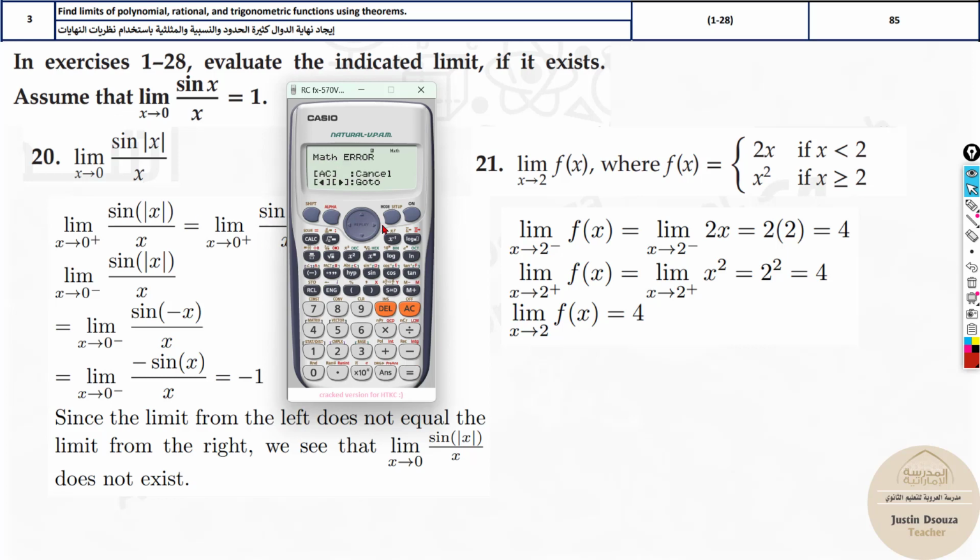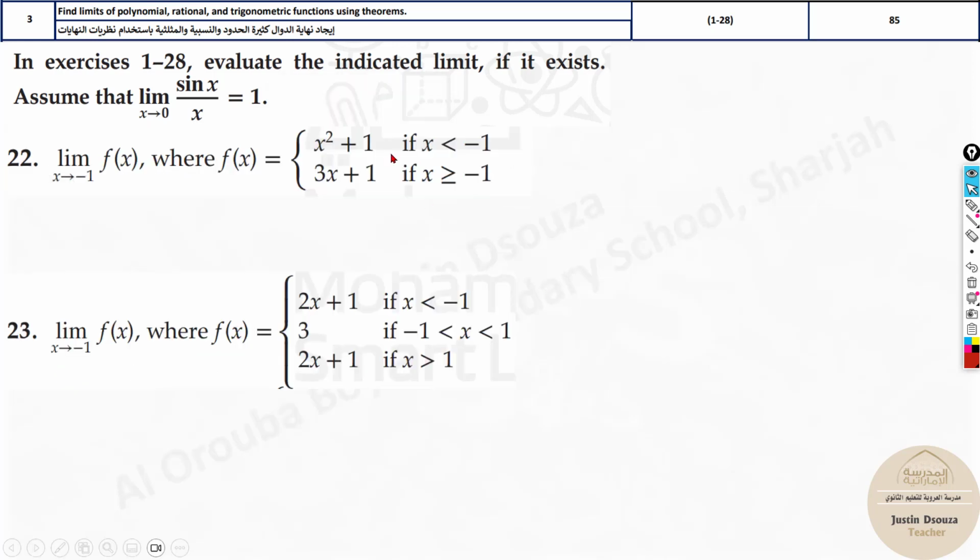So you're not going to get the answer. But if I change it to a value near 0, 0.001, and the same thing up above, 0.001, you get some value. This is the reason we take values which are very close. This means x approaches 0, but it's not equal to 0. It's very, very close to 0. If it's negative over here, it means it's from the left side, positive is from the right side.